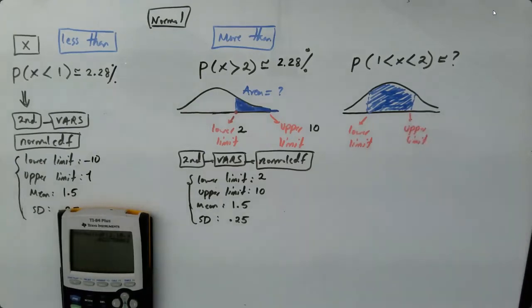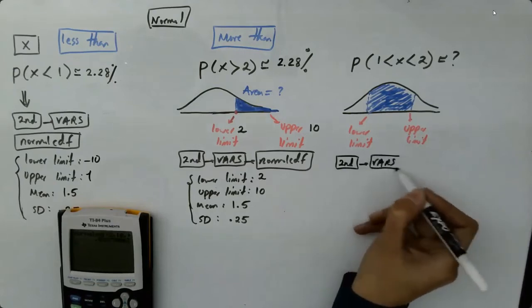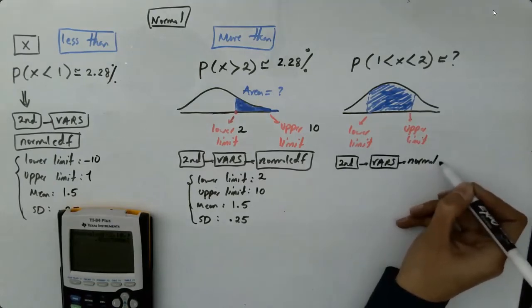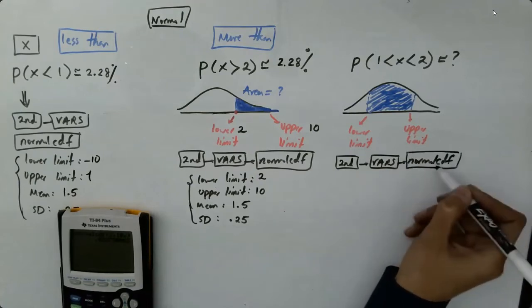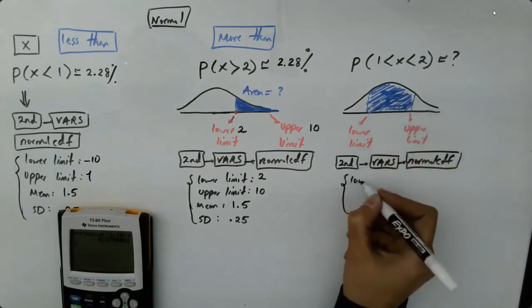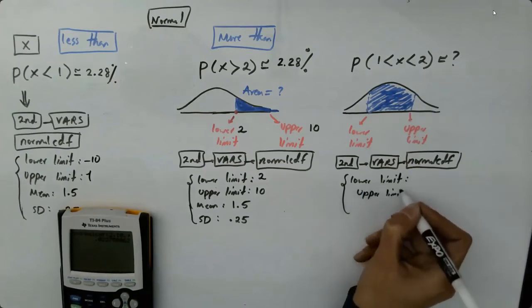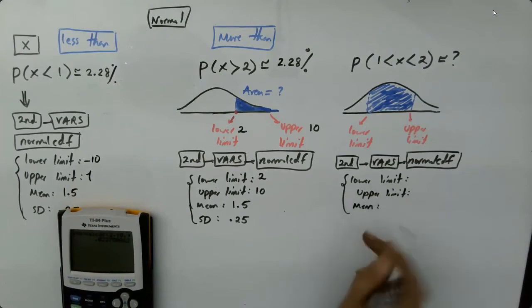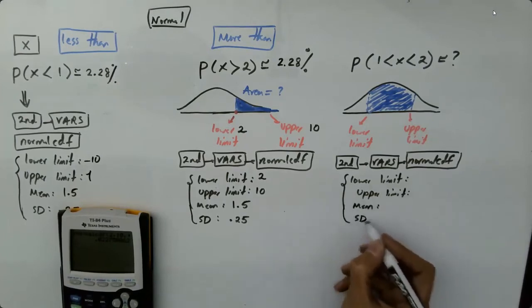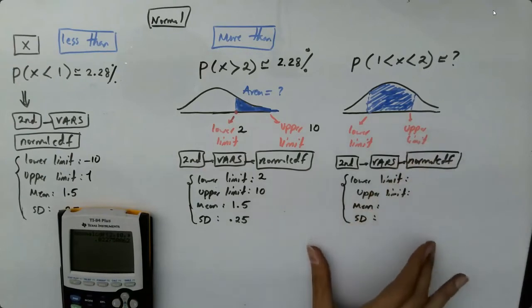Very good. So let's use our calculator. This is what we're doing. We're going to second, we're going to bars, we're going to normal CDF because we have a normal distribution, and we want to know the cumulative density function, the area below the graph. So now we want to know what is the lower limit, what is the upper limit. You need to identify all of these. The mean and the standard deviation. Guys, again, if the question doesn't mention anything about confidentiality of the data, you are allowed to use your X values. You do not have to make any changes.